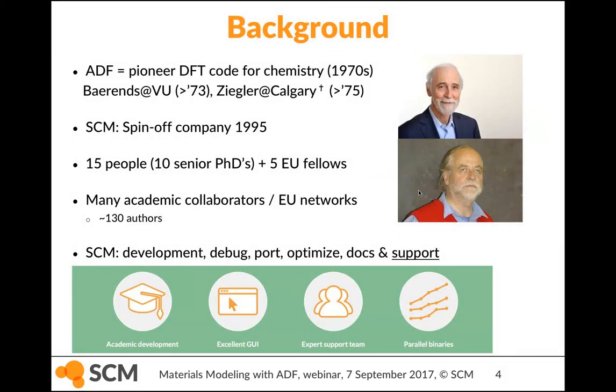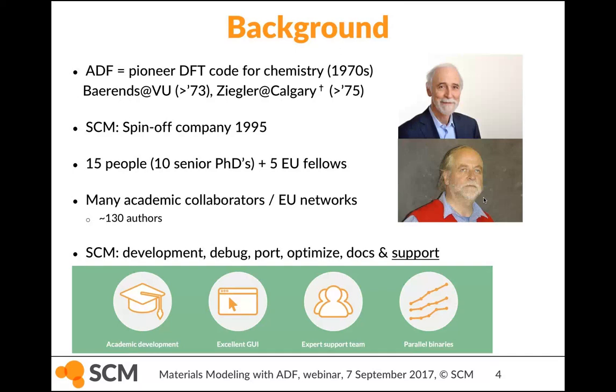Okay, so SCM is based in Amsterdam. I'm sitting here in the office of Evert-Jan Baerends, who's the founding father. He essentially pioneered using density functional theory for chemistry, together with Tom Ziegler, and they were already in the 70s propagating that one could use DFT as a computational chemistry tool to understand chemical properties of molecules, from spectroscopy to understanding catalysis.